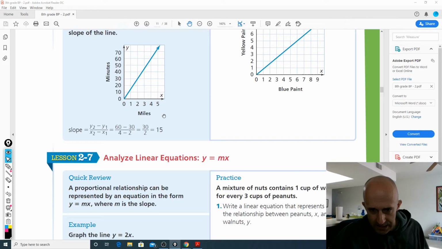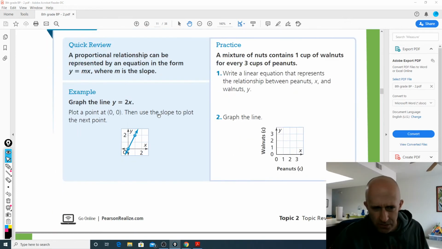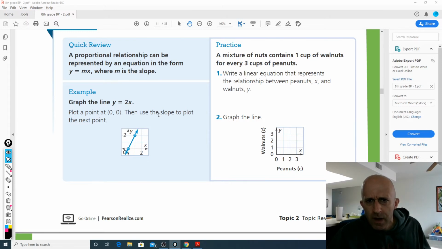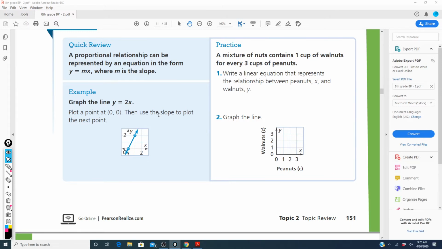Let me see if I can get into something real quick. A mixture of nuts contains 1 cup of walnuts for every 3 cups of peanuts. Write a linear equation that represents the relationship between peanuts, which is x, and walnuts, which is y.